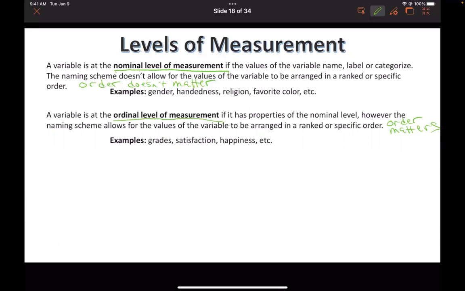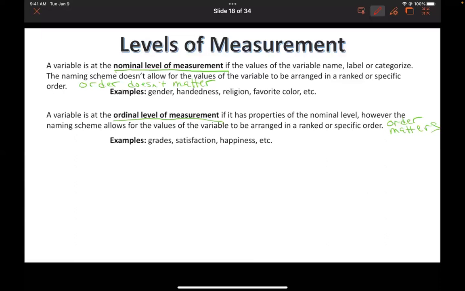Happiness can be the same thing, where it has the extremely unhappy all the way up to happy. Some other things would be levels of education, the way you go through school: elementary school, middle school, high school, bachelor's, master's, all of that, those could be ordered. Any categorical thing that could be ordered would be the ordinal level of measurement.